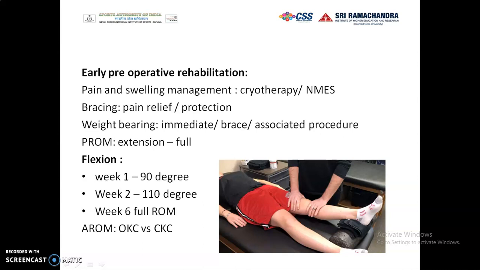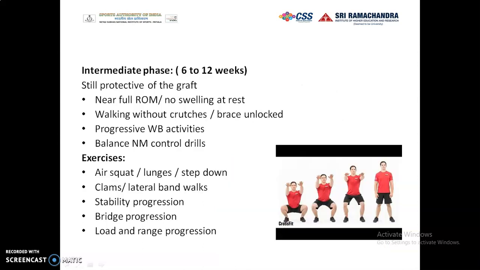You need to encourage either OKC, open kinetic chain, versus closed kinetic chain exercises. In the intermediate phase, 6 to 12 weeks, we are still protective of the graft. We will almost be able to achieve full range of movement, with no swelling at rest.